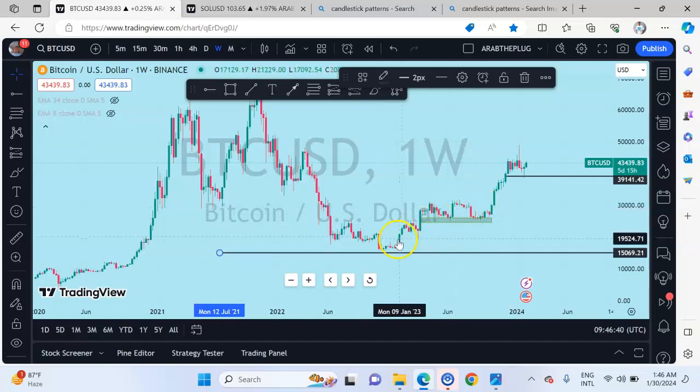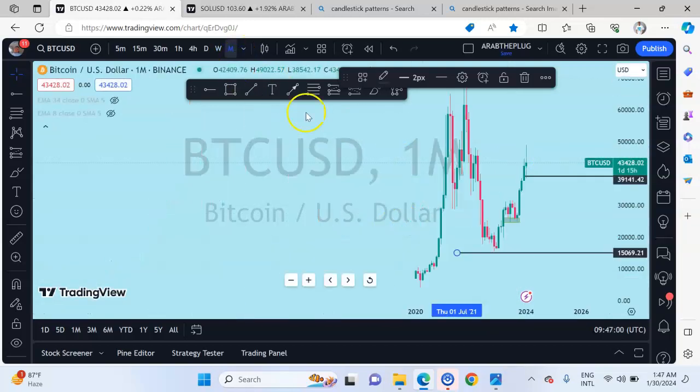And then we saw this strong bullish candle. And what happened? The market pumped from around 20K last year to around 45K in December last year, 2023. So this is one of the candles that a lot of traders use.